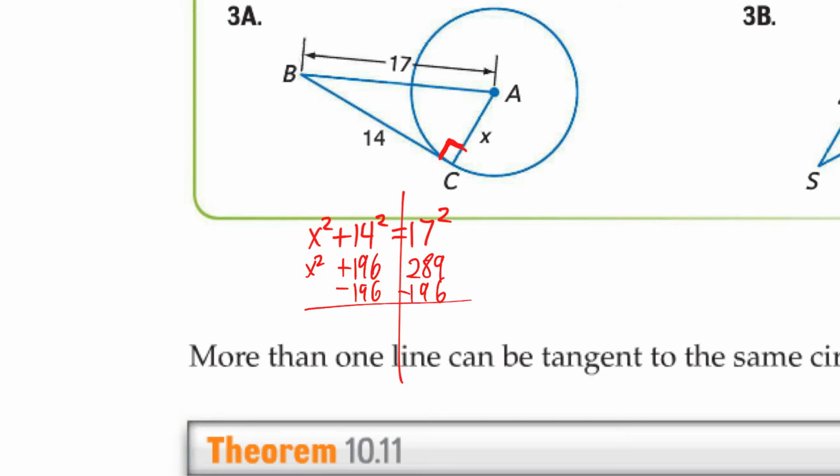Subtract 196. x squared equals 93. Square root of both sides. And what do you get? 9.64.